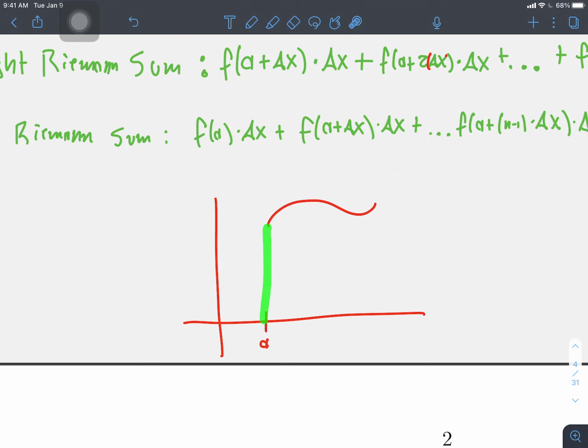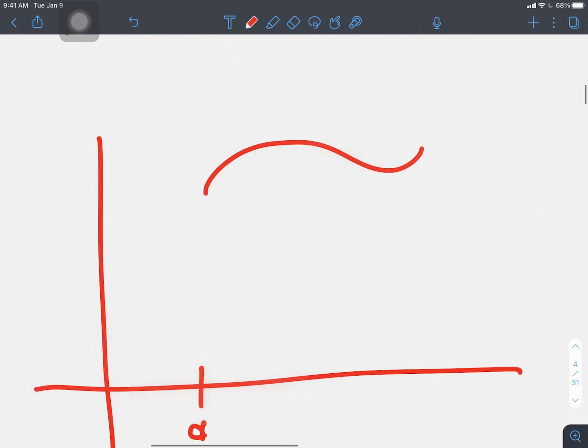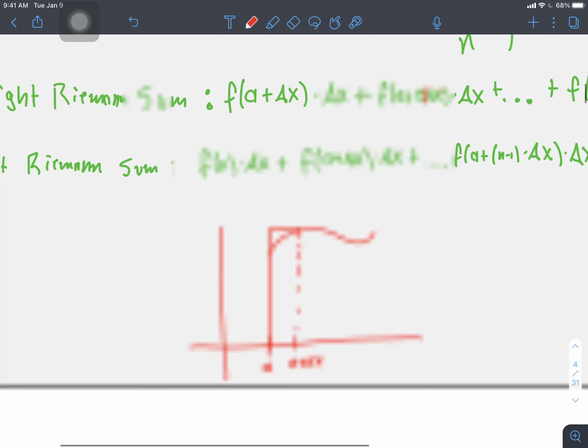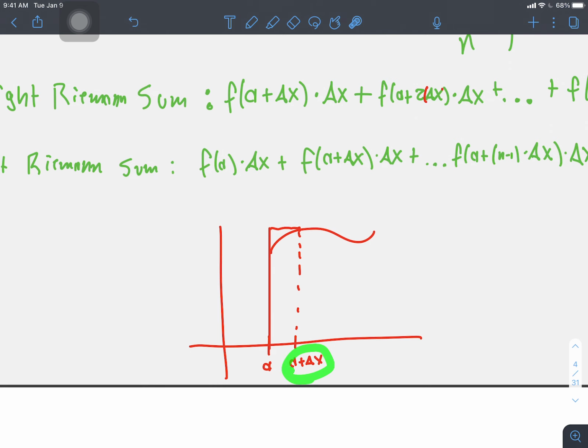And we want to find the area from a to b. The question is, how tall should the first rectangle be? On the right Riemann sum, we go to a plus delta x, check the height of the function there, and extend it over to the left, and that's going to be the height of our first rectangle. So f(a plus delta x) will be this height here.